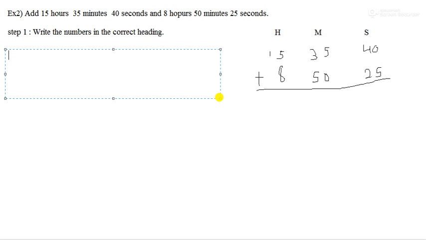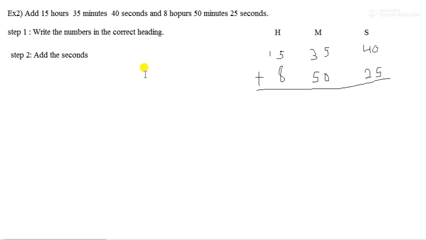Now step 2 is add the minutes. Sorry, here we have hours, minutes and seconds, no? So add the seconds. Here the seconds are 40 seconds plus 25 seconds.